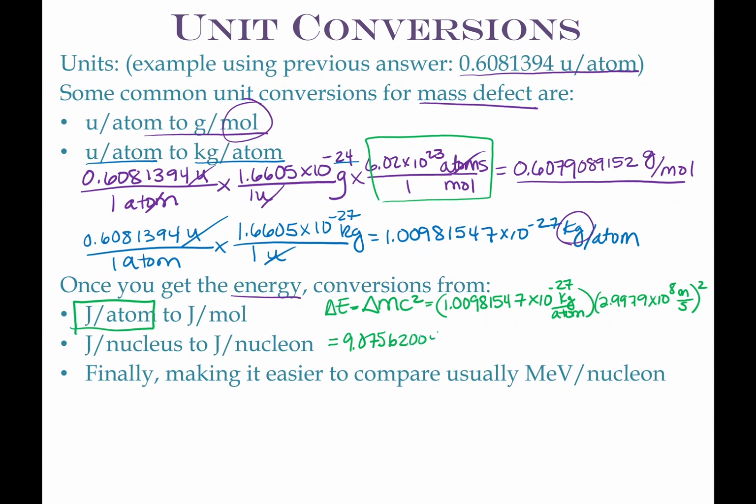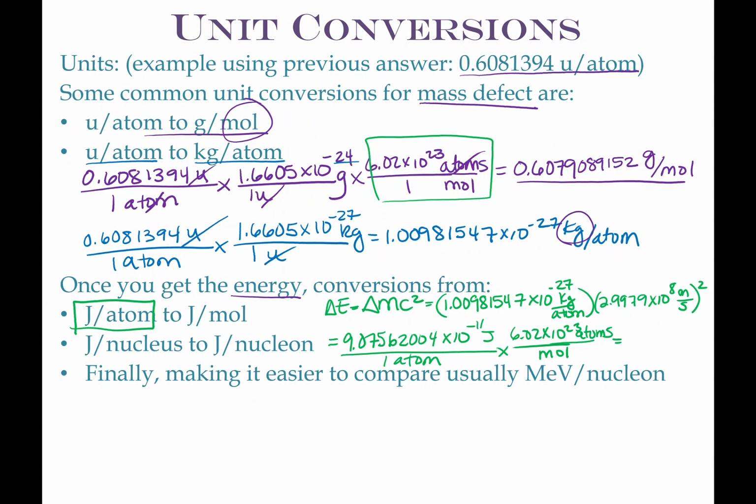9.07562004 times 10 to the negative 11th joules per atom. And we have 6.02 times 10 to the 23rd atoms per mole.